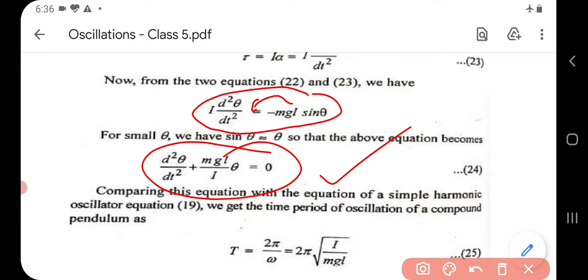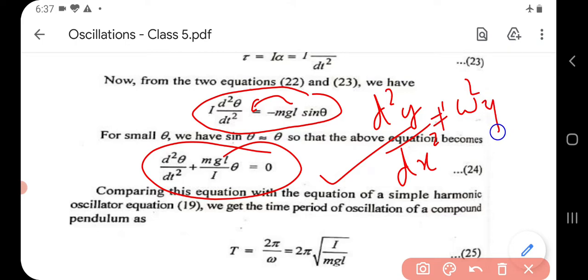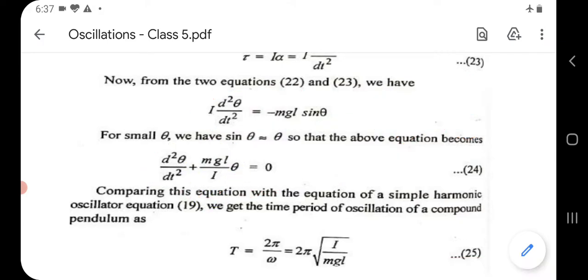Now compare this with the equation for simple harmonic motion, that is d square y by dx square plus omega square y equal to 0. Here, in place of omega square, you have mgl by I, right?